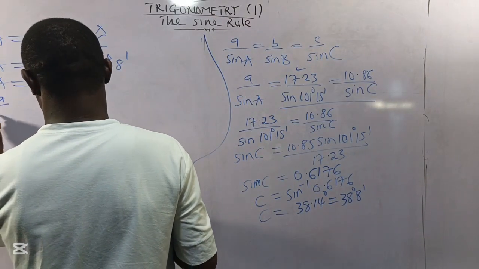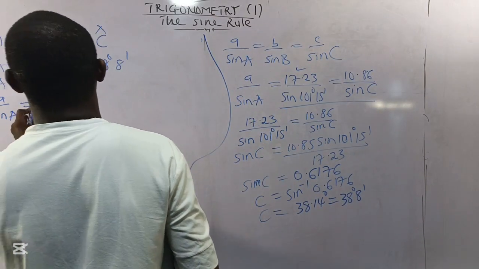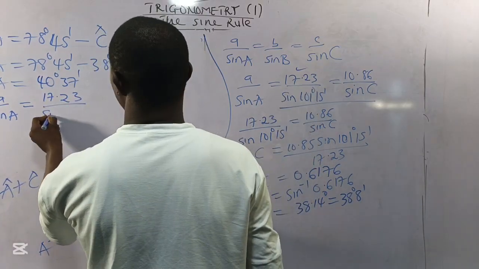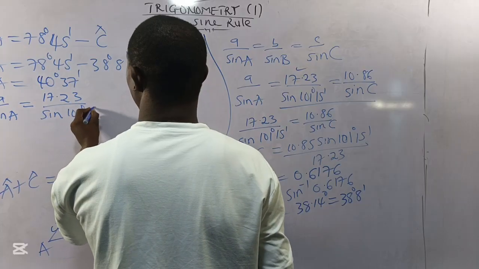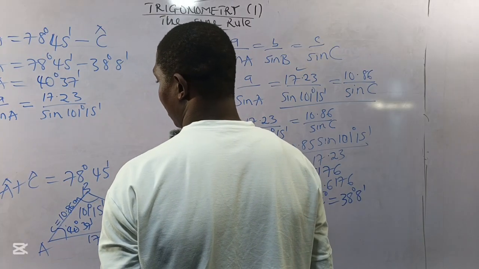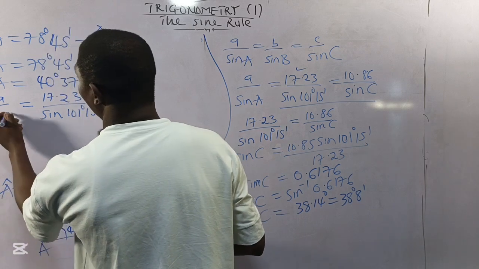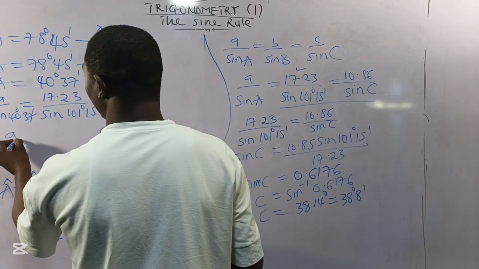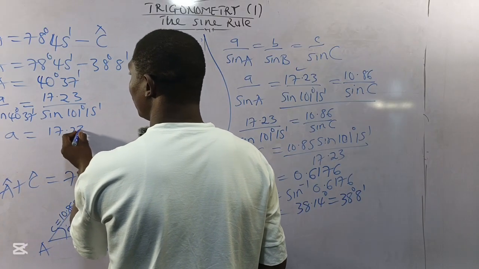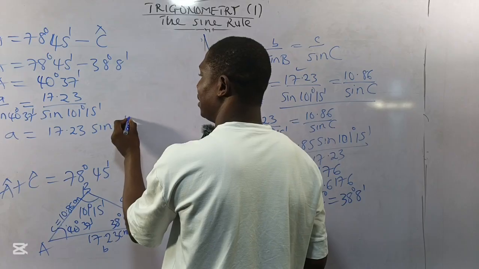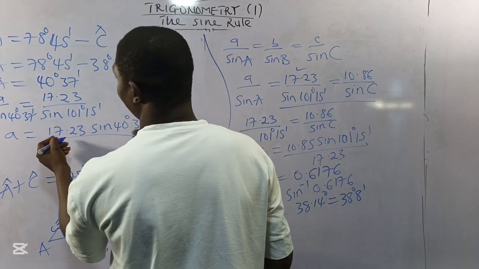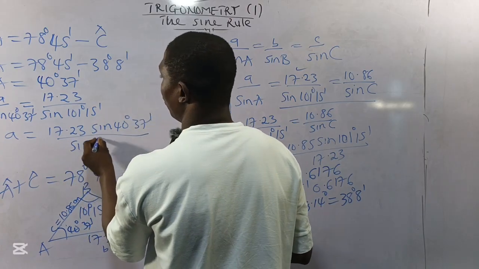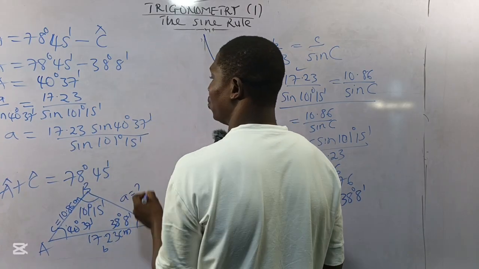So I have a over sine A equals 17.23 over sine 101 degrees 15 minutes, and my A is already 40 degrees 37 minutes. If I cross multiply to make a the subject of the formula, I will have 17.23 sine 40 degrees 37 minutes, and if I divide through by sine 101 degrees 15 minutes, I'll have it over sine 101 degrees 15 minutes.